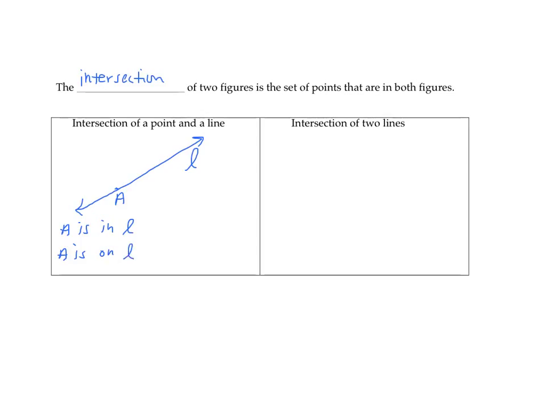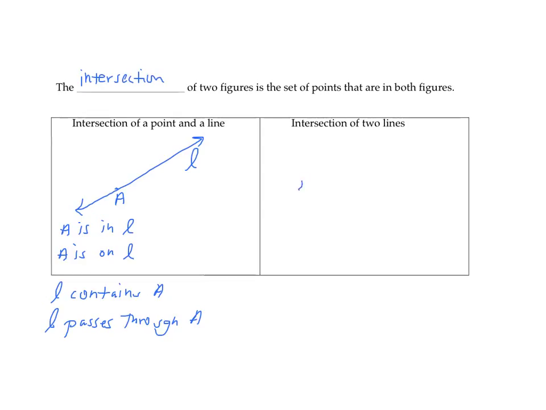We can also phrase this a different way and say that line L contains A. Or we can say that L passes through A. So lots of different ways to say the same information.